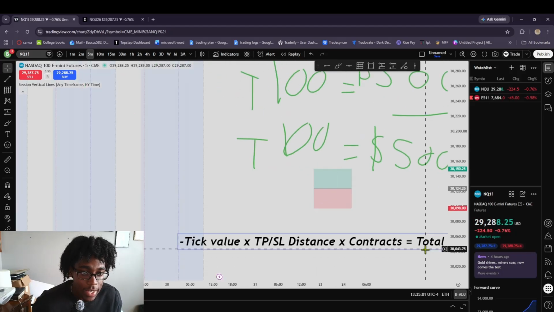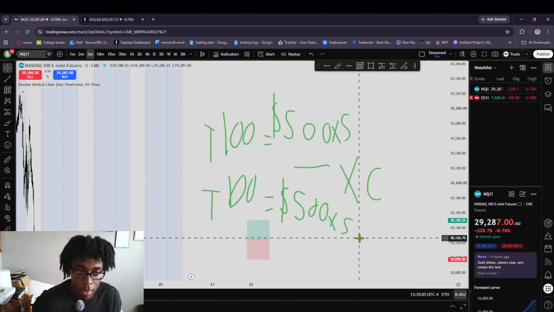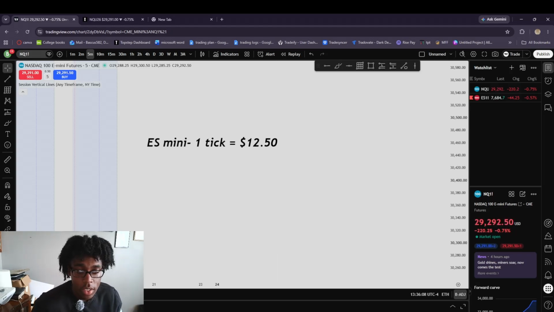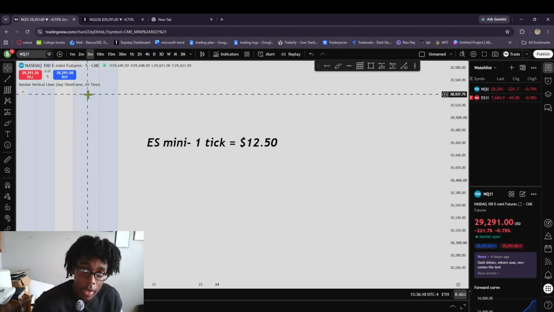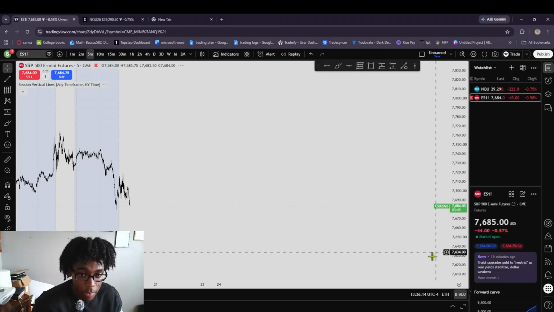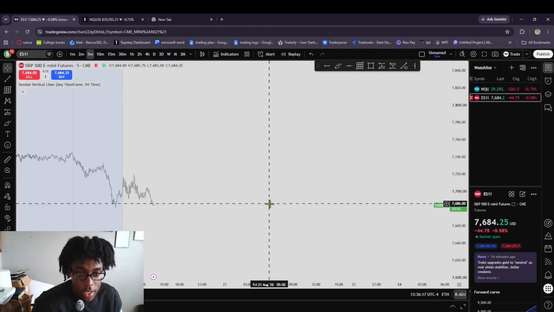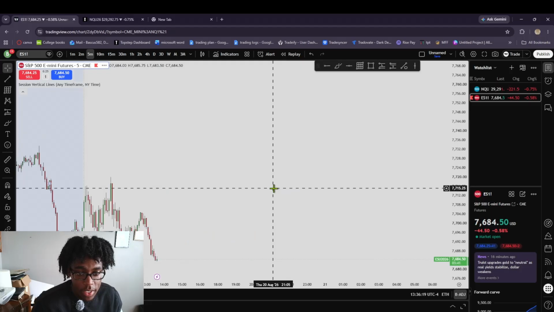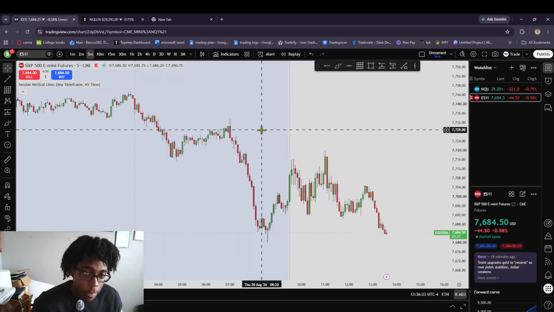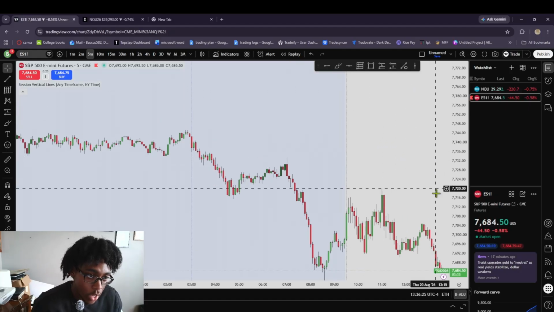But let's get into the S&P 500 now, because it's pretty much the same formula, just a different tick value. All right, guys, so for the S&P 500, which for short we like to call the ES minis, 1 tick equals $12.50. So yes, very, very different from the Nasdaq. If we go over here on the S&P 500, you will see that 40 ticks is basically the same exact value as 100 ticks, because 40 times 12.50 equals $500.